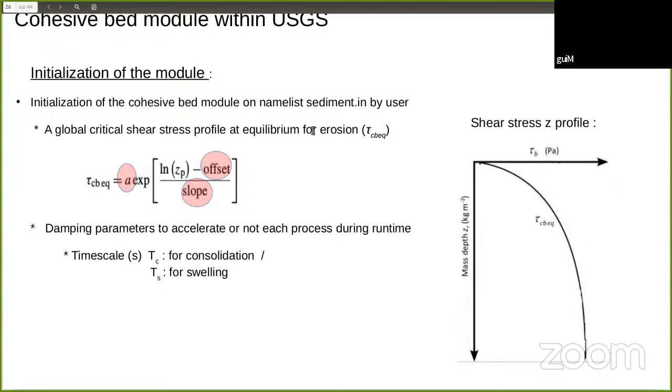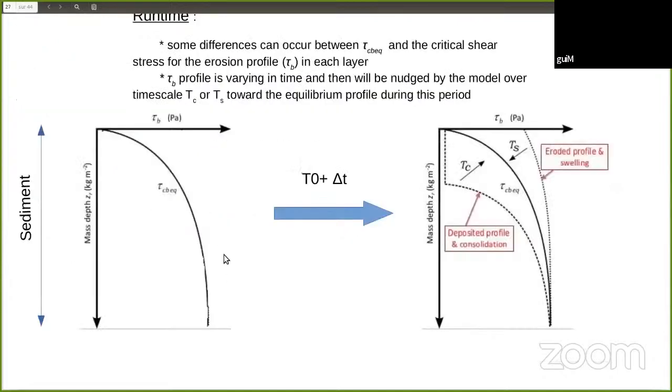The user can change the time scale, the number of seconds or days, to process consolidation or swelling. Swelling is the inverse, when layers become thicker. So here we are at the very beginning, and during the runtime we apply a stress, and the stress goes on the bed, on the sediment.